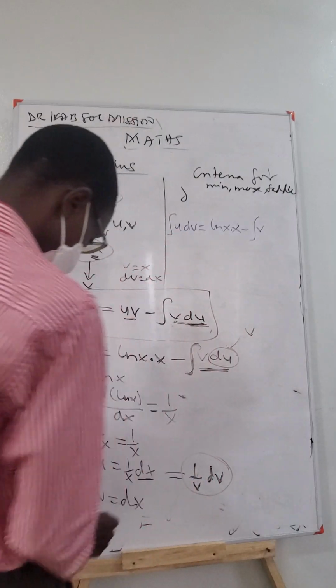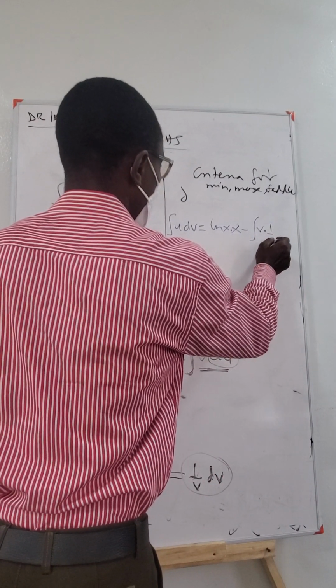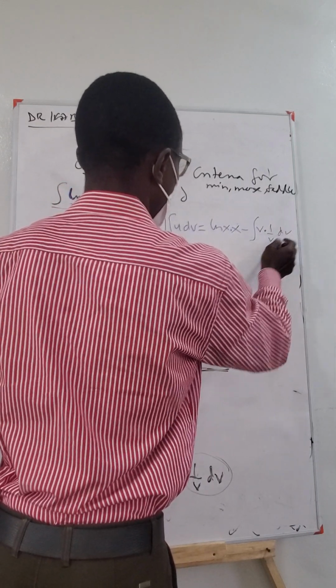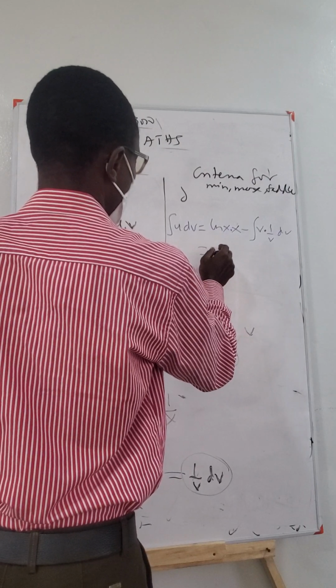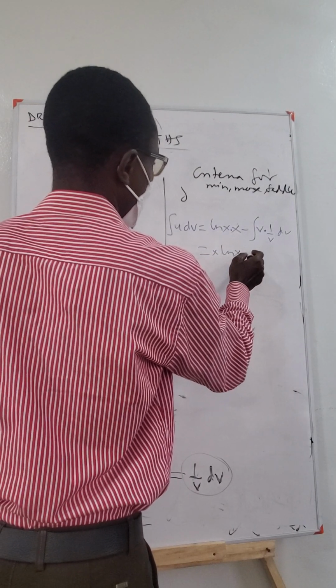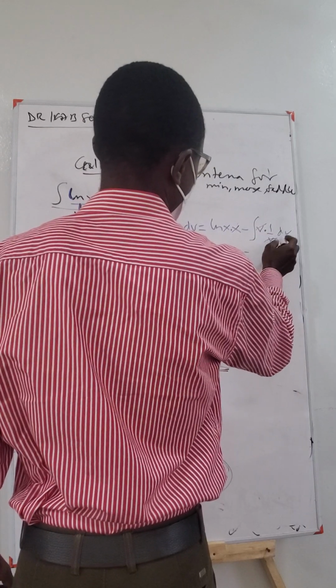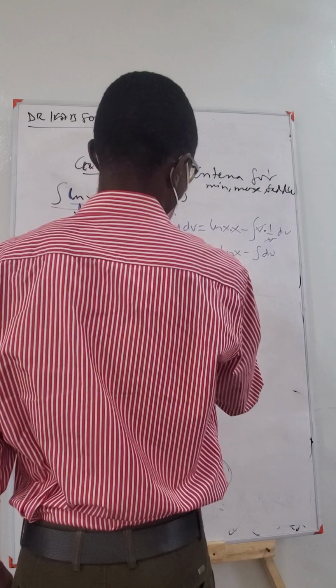Now the du, we know the expression for it. The du now is 1 over v dv, and this is going to give us x times x minus, this is going to cancel that, and then we have integration of dv, which of course will come out as what?